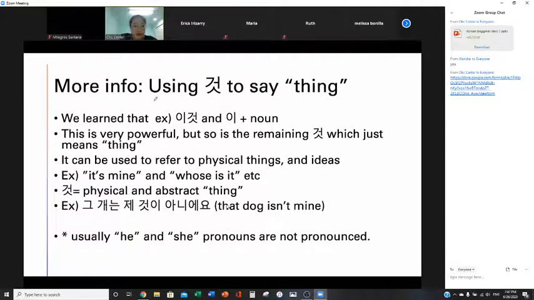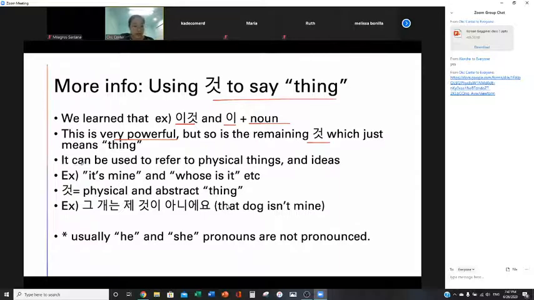Okay, now more info on using 것 to say things. Last time we learned about 이것, 그것, 저것. We learned 이 plus a noun to refer to something more specifically: this something, that something over there. That's still powerful, but when you're describing what the thing is, you use 것. 것 just means "thing."